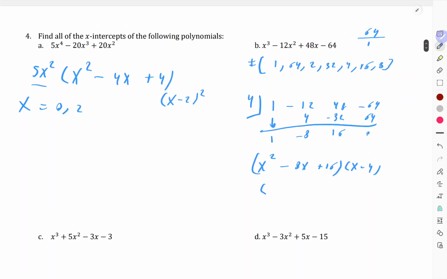And now we can do x minus 4 and x minus 4, because if you multiply them you get x squared and then negative 4x and negative 4x and then plus 16. Yeah, so that checks out.